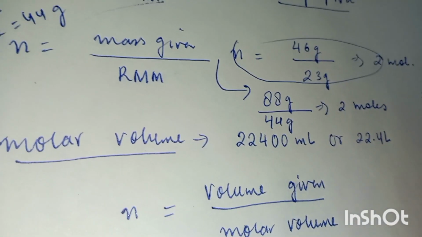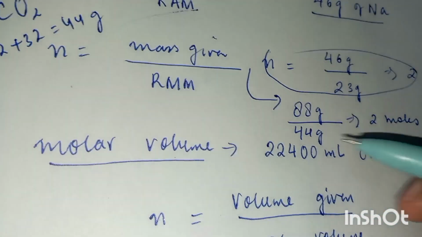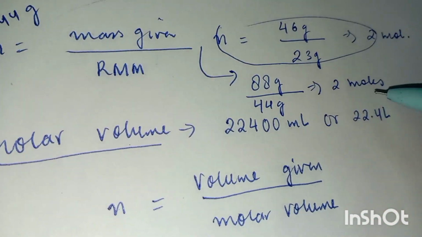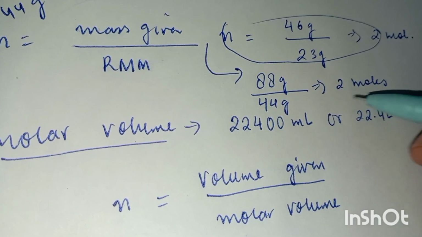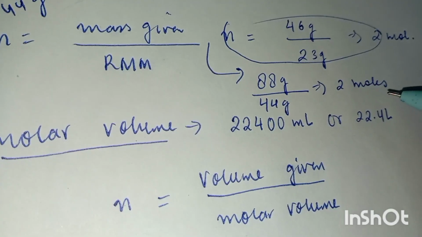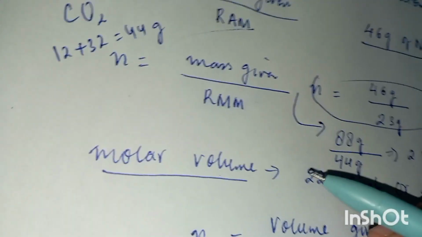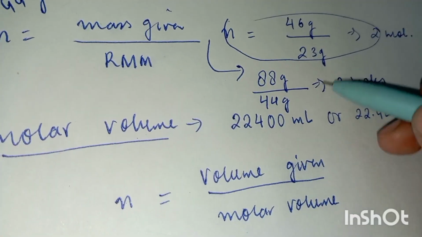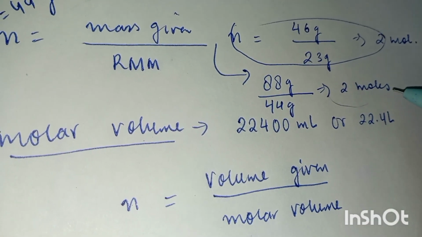Okay, now suppose I am asking for the number of particles in 88 gram of this. So 2 moles you have found, and you already know that 1 mole of any molecule will contain how many particles? 6.023 into 10 to the power 23 particles, that is equivalent to the Avogadro number. Hence 88 gram of carbon dioxide containing 2 moles has 2 into Avogadro number equivalent particles.